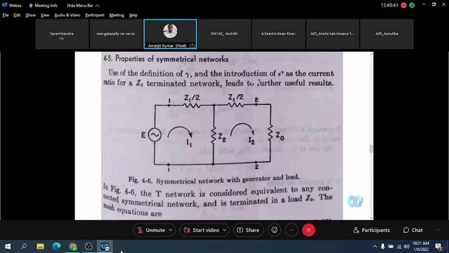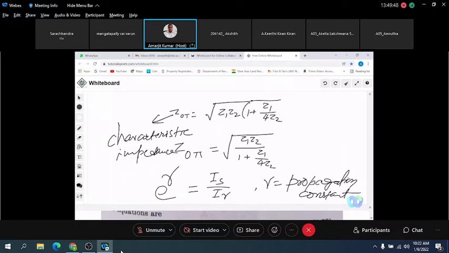So can we write these two equations here? In the first loop, the mesh equation was E equal to I1 into in bracket Z1 by 2 plus Z2, minus I2 into Z2. Is it okay?